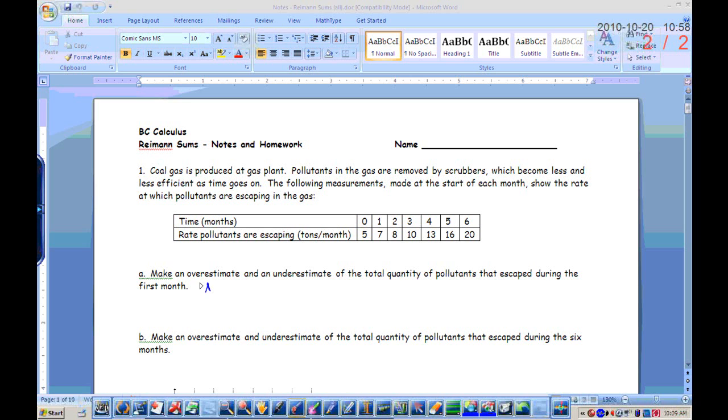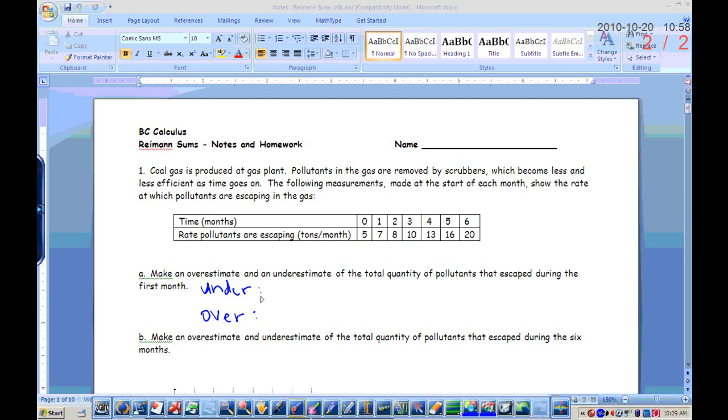All right, let's start with the underestimate. Any suggestions as to how many tons of pollutants escaped during that first month? What would an underestimate be? Time is starting at 0, and your first month ends at 1 on the chart. So the underestimate, Celeste, would be 5, right?